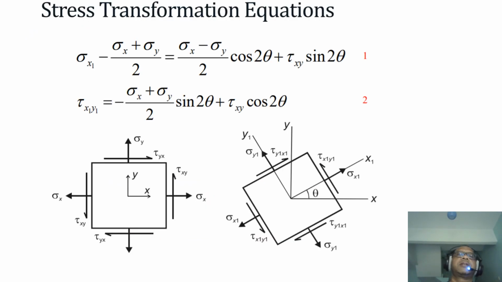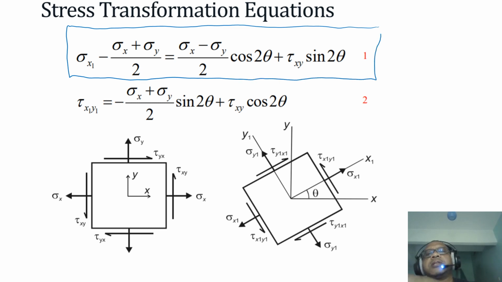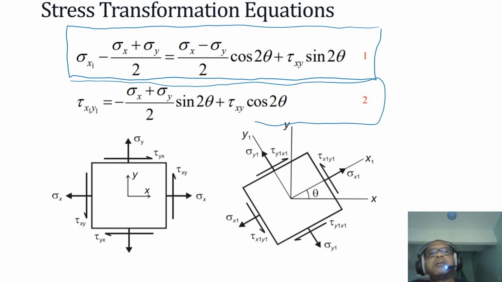So this is a stress transformation equation. I will not show the derivation of this equation. There are two equations here. The first equation is for the normal stress in the x1 direction. The second equation is for the shear stress acting on the x1, y1 plane.